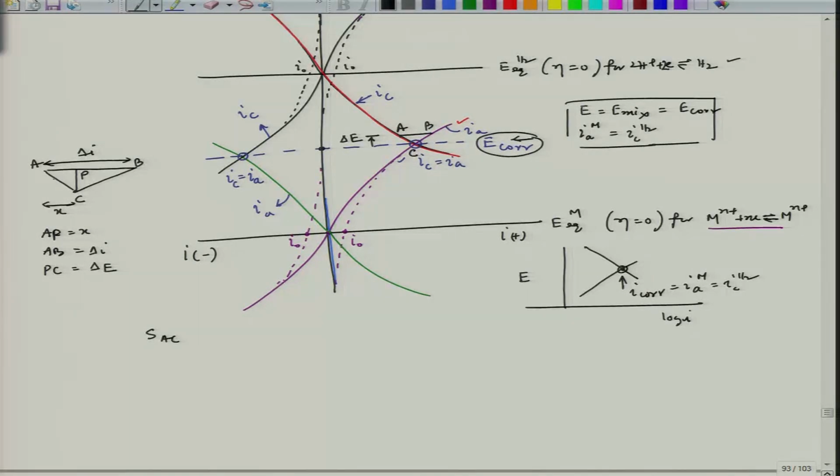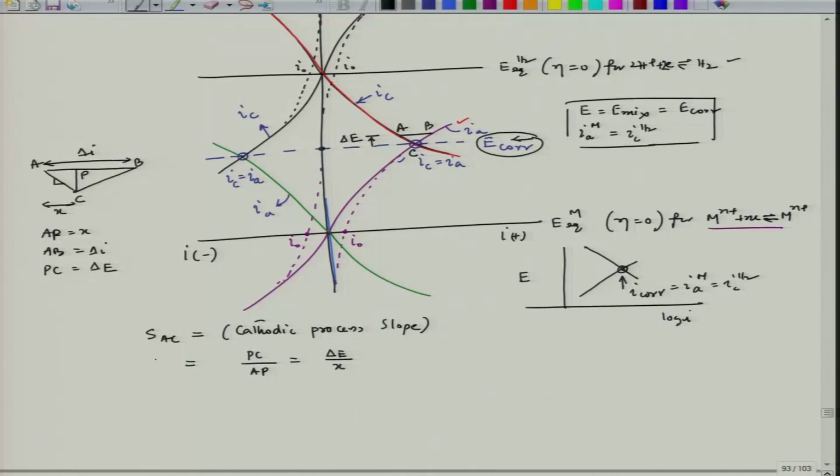That means this slope we are trying to measure, which is the slope of the cathodic process. So, I can write this as PC divided by AP, which is nothing but del E by x.